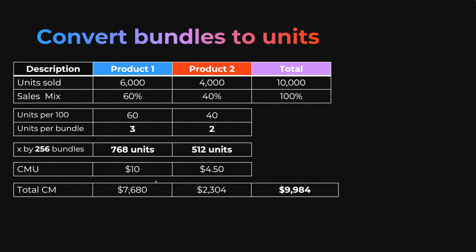The total contribution margin then, 768 units multiplied by $10 is $7,680 for product 1, and 512 units multiplied by $4.50 a unit is $2,304 for product 2. If we add this together, we get $9,984, which, if you go back to the original data, is equal to the fixed costs. So we have hit break even.